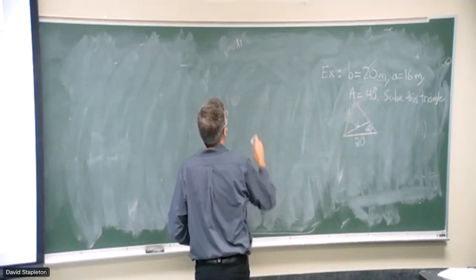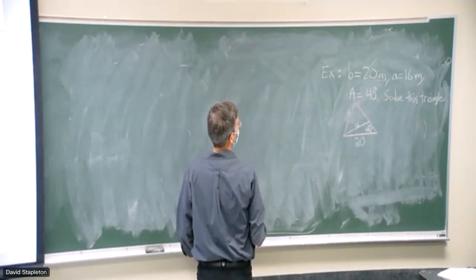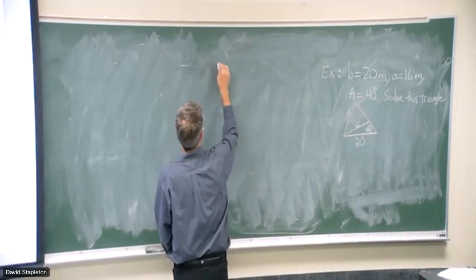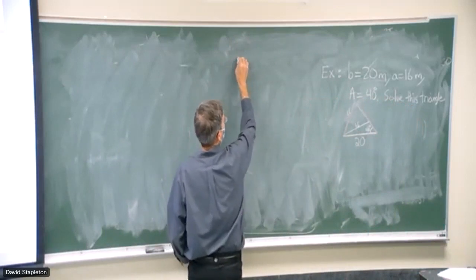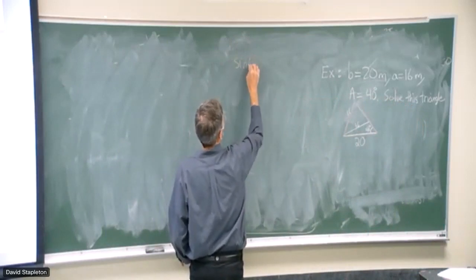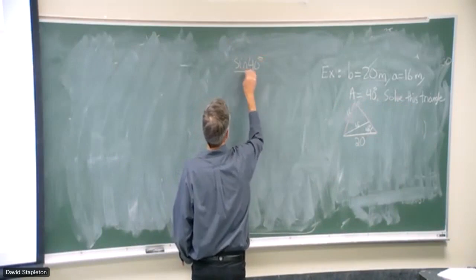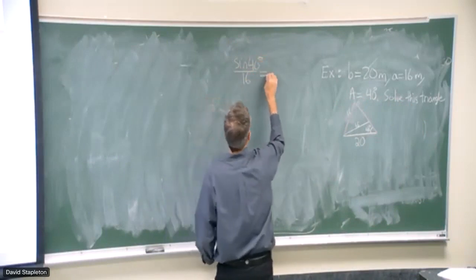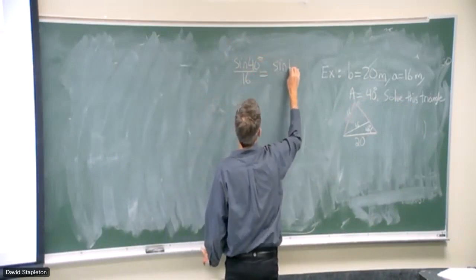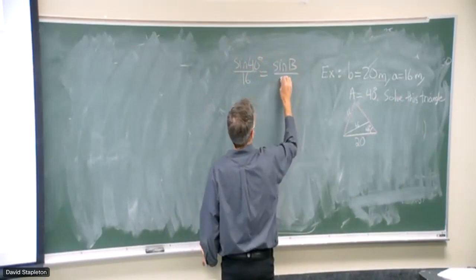So the last one now, what I do is say sine A, 40 degrees, is to side a, 16, as sine B is to 20 meters.